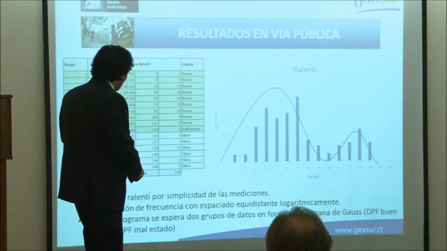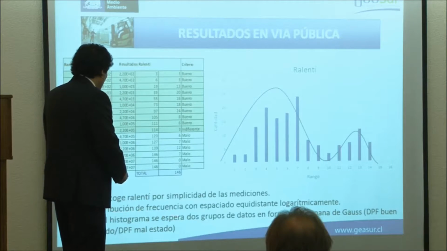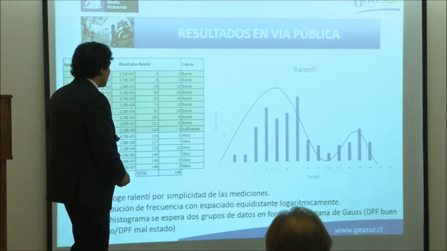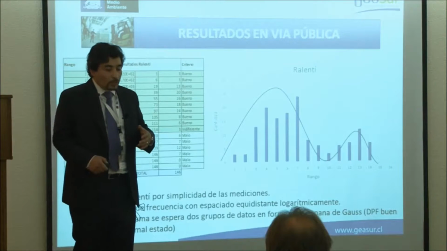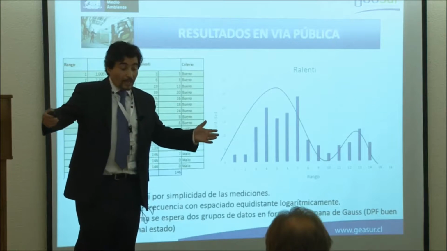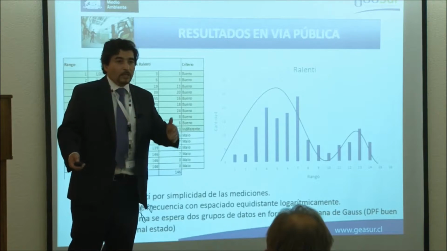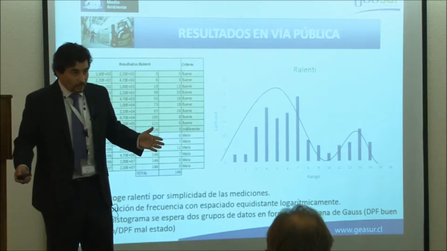Now we can see that what we are aiming towards is the frequency distribution with equitative logarithmic spacing. This has to do with values that come from a dispersion over a really big range, that could go from the hundreds or thousands of particles to the millions of particles.